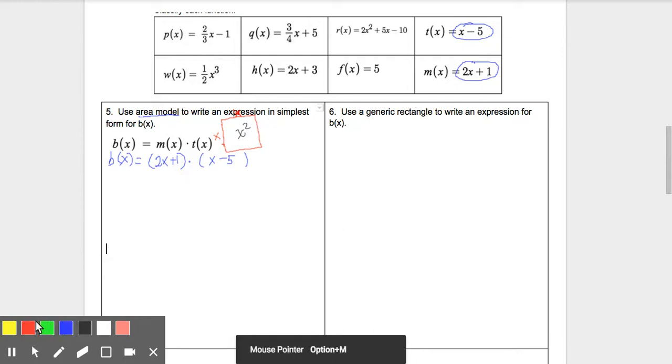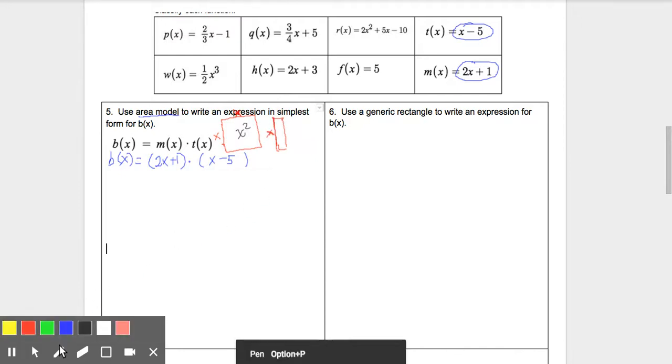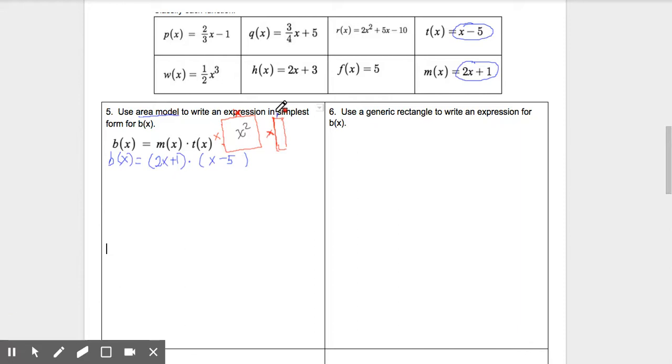Another tile is a rectangle. So there's a rectangular tile. Now the width of the rectangle is the same as the square. So this width is also x, and the length is 1.